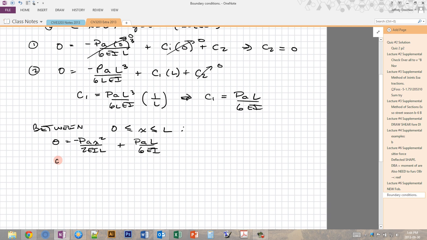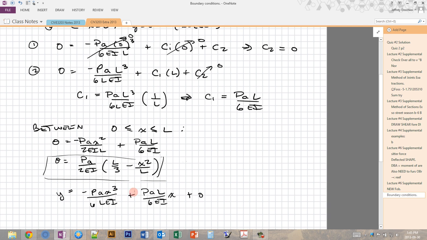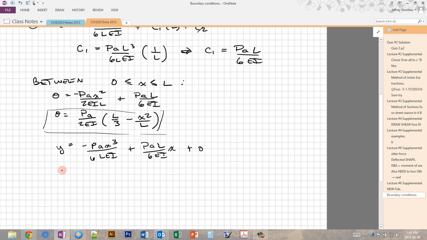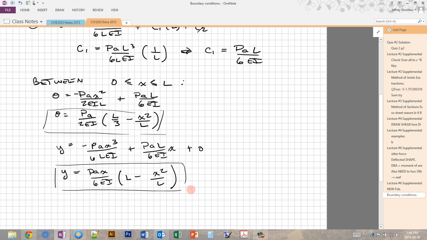Then if we rearrange this for theta, we get this equation. I just simplified it and collected some like terms so that I can factor them out and make the equation a little bit simpler. Now we do the same thing for y. This is the original part, this is C1, this one is C2, which is 0. And then we rearrange and collect, and we get this final equation for y. So this is just for the first half of the beam.